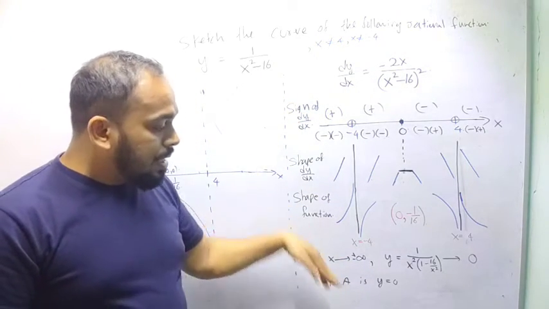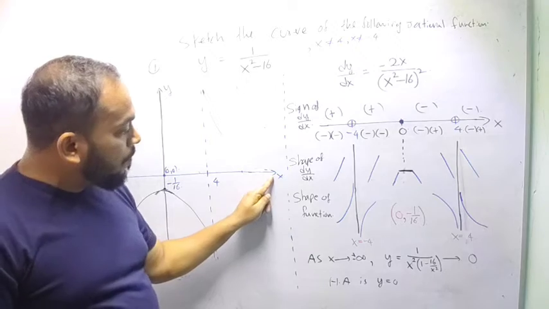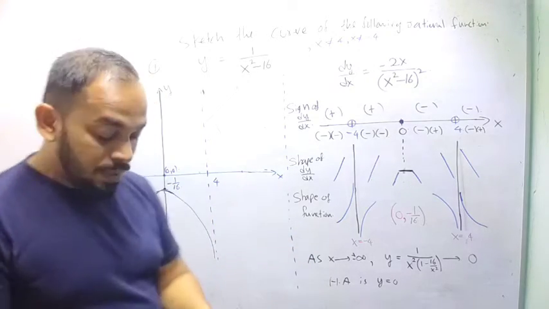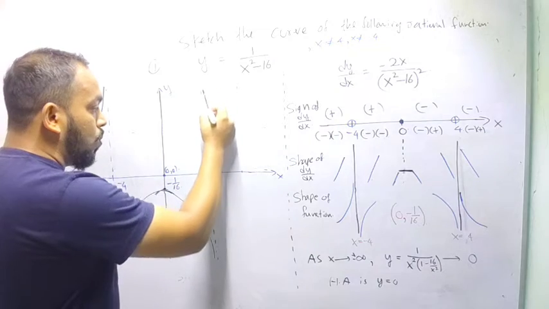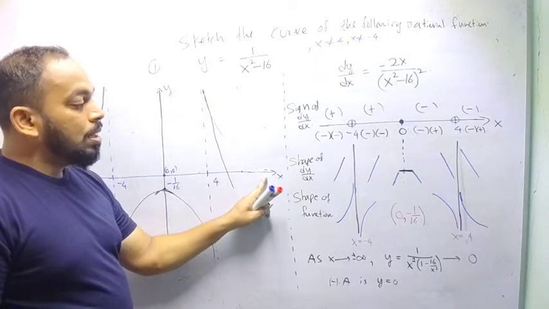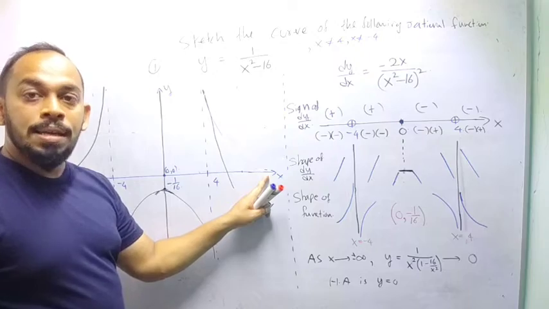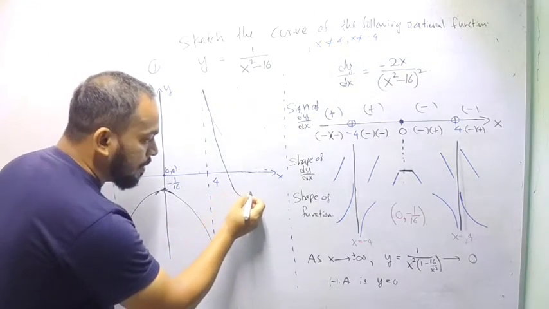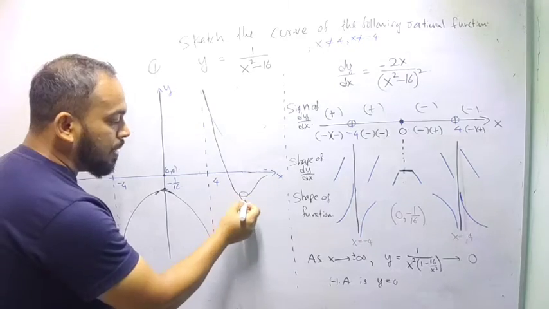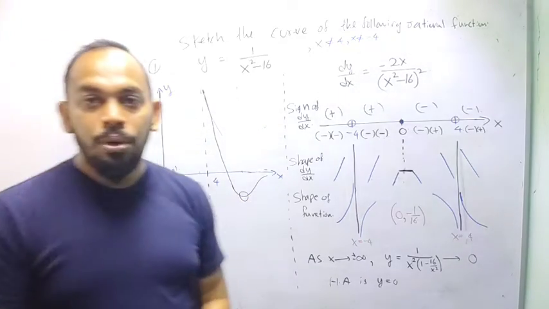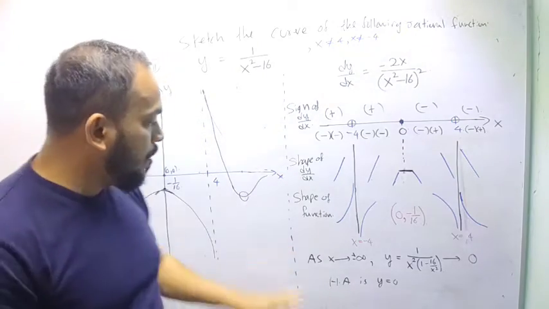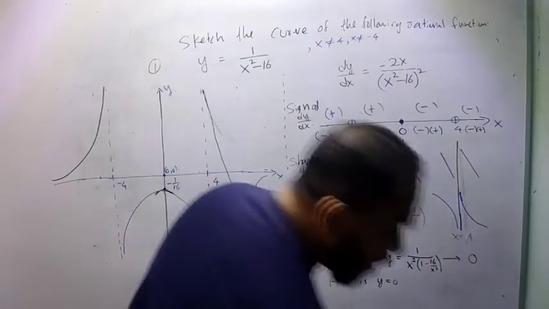As x increases, the value of the function must approach the x-axis. Suppose it goes below this x-axis, then to approach the x-axis as x tends to infinity, it has to take a turn, right? If it takes a turn, what does that mean? We also have a turning point here, but according to our first test, we have only one turning point. We cannot have this kind of shape.